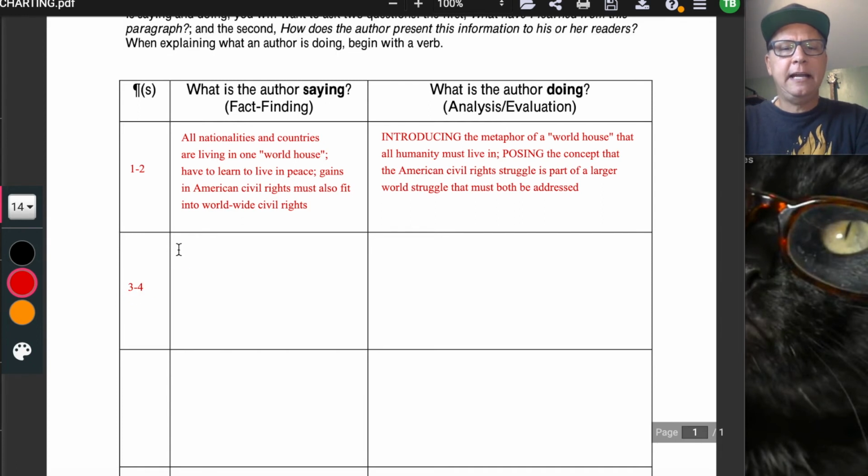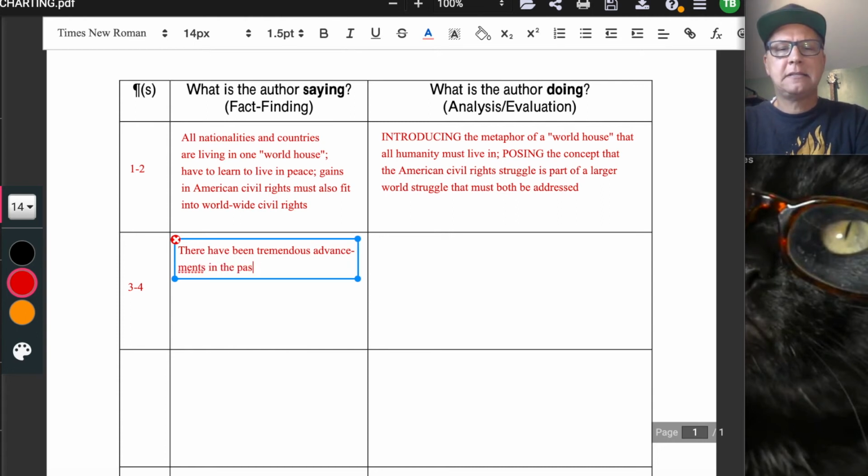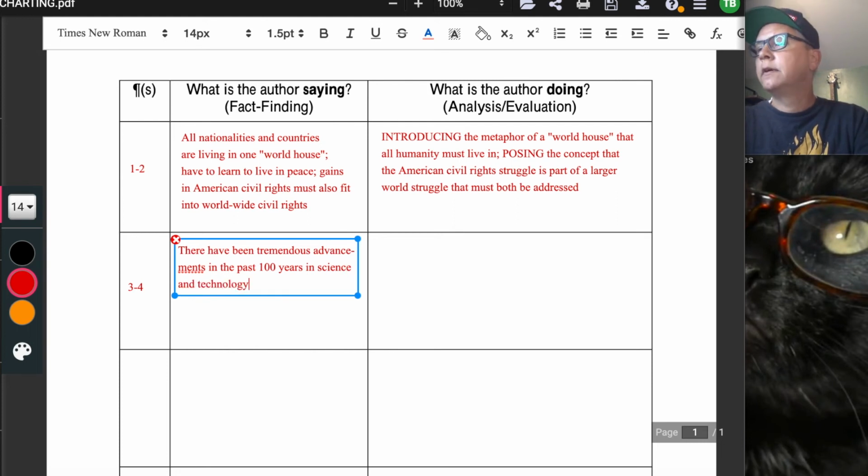All right, so again, I need to summarize what's being said there. There have been tremendous advancements in the past 100 years, okay? In now specifically science and technology, okay?